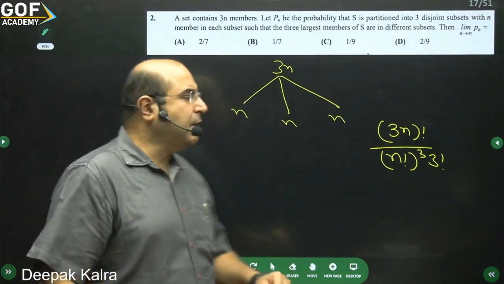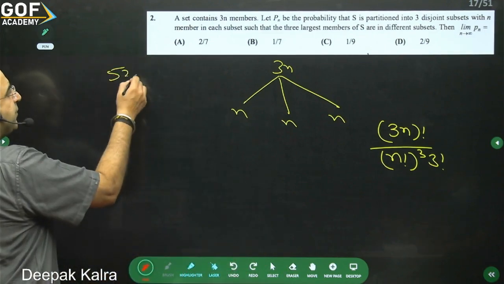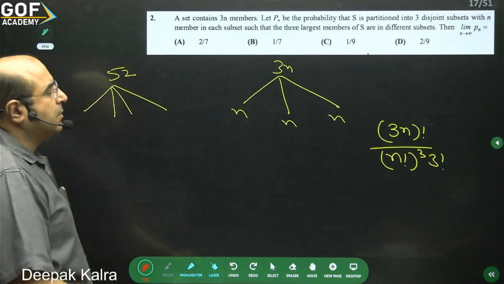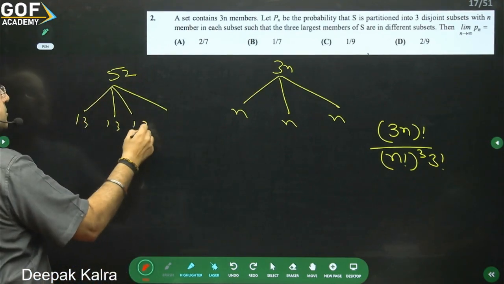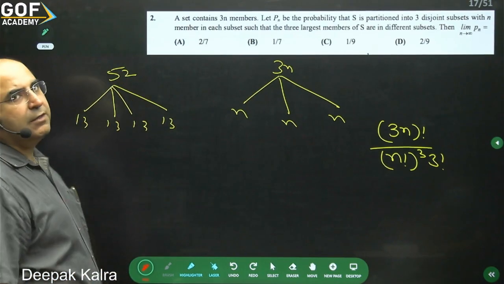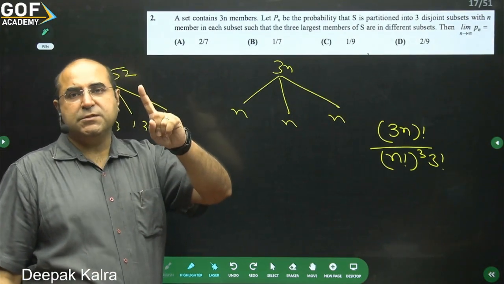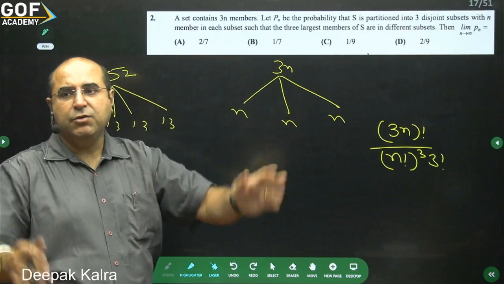For example, 52 cards to be given to 4 groups containing 13 cards each. Cards are different, but we are making 4 groups. We are not giving to 4 players. We are dividing it into 4 groups.